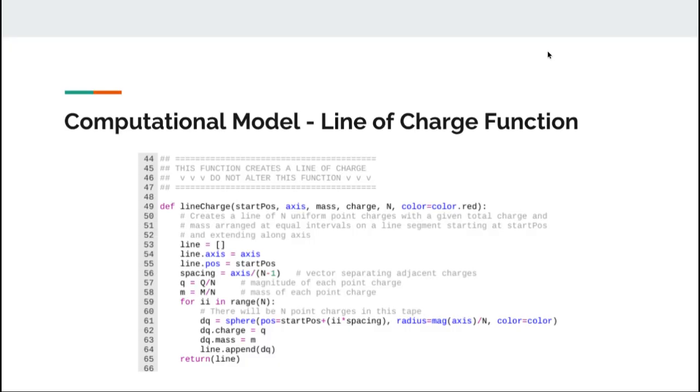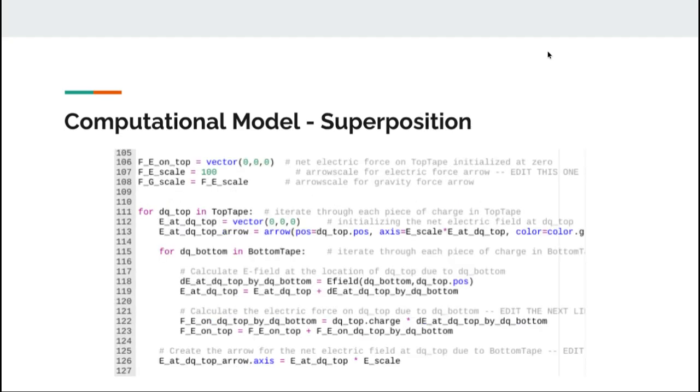Here we're basically just dividing up the tapes into multiple segments to give us an idea of how the electrical force acts on those individual segments. And then we have to use superposition to sort of nest, using a for loop, all the different points that we're calculating the electrical field for.